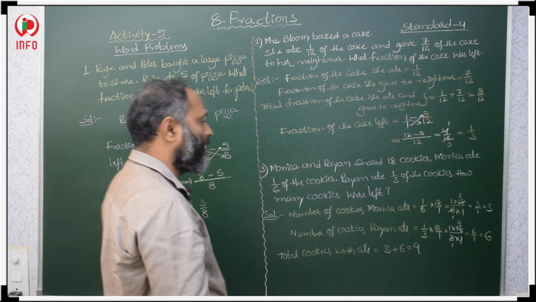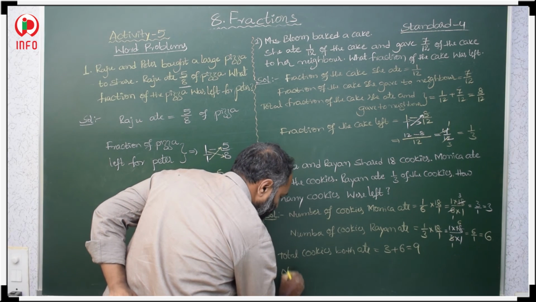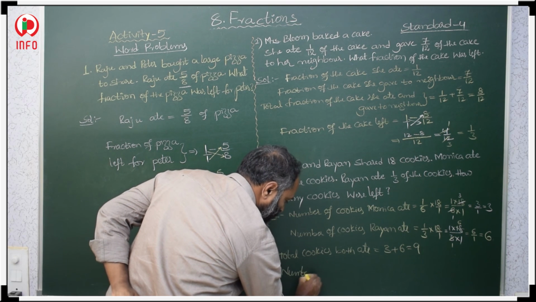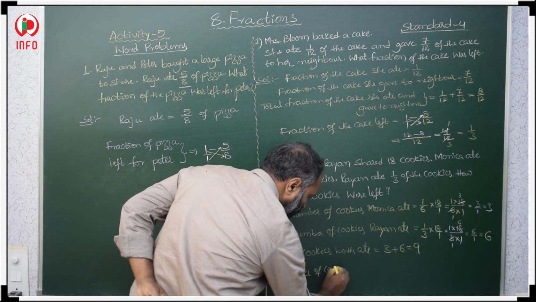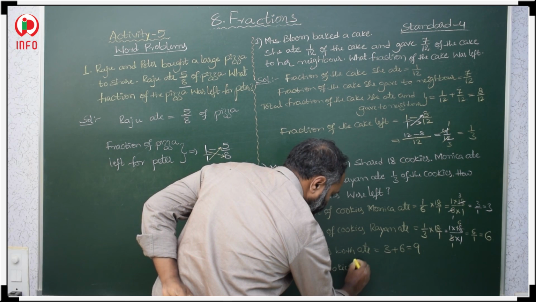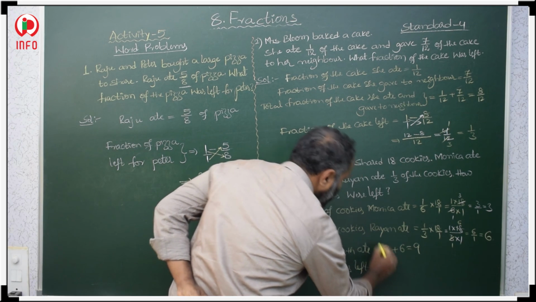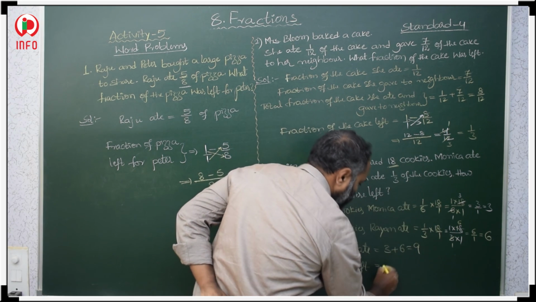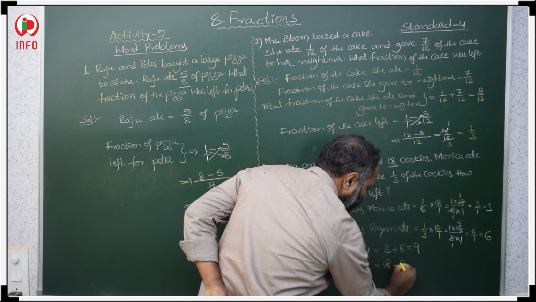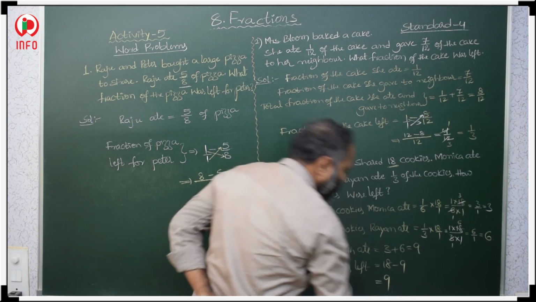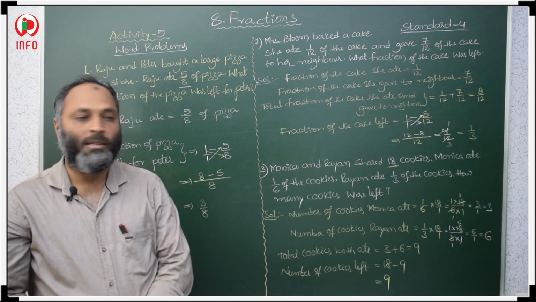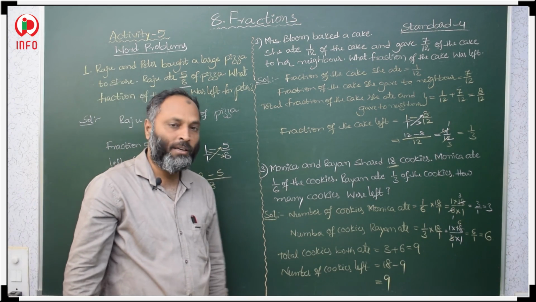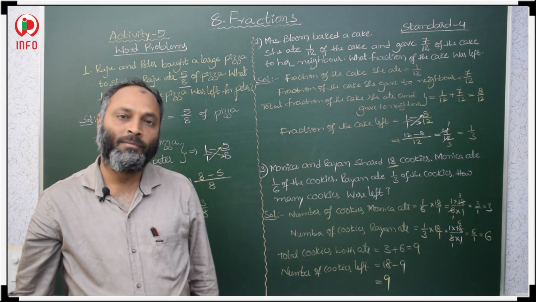Then how many cookies are left? The number of cookies left: from the total cookies we subtract 9 cookies. 18 minus 9, 9 cookies left. So this many cookies are left. Okay, this is the procedure. Okay, students.